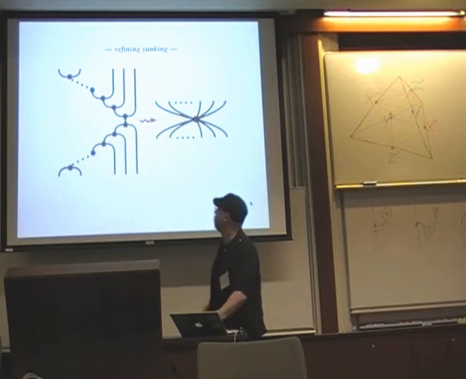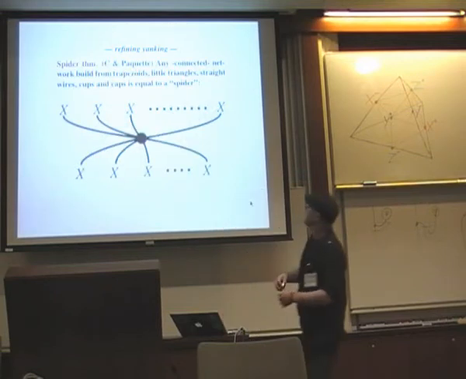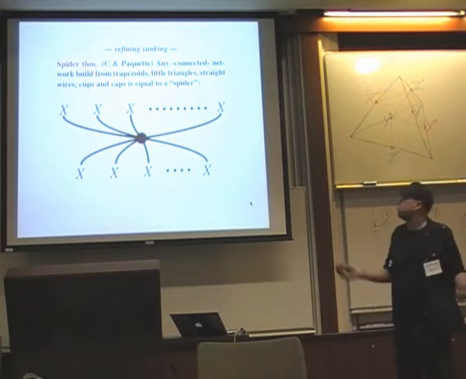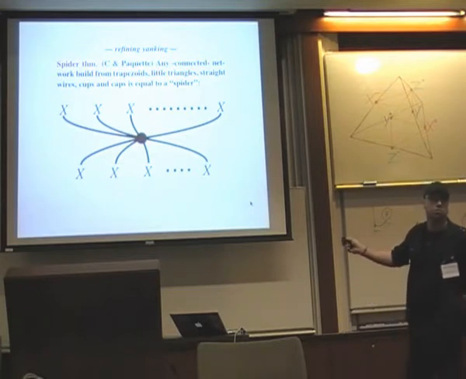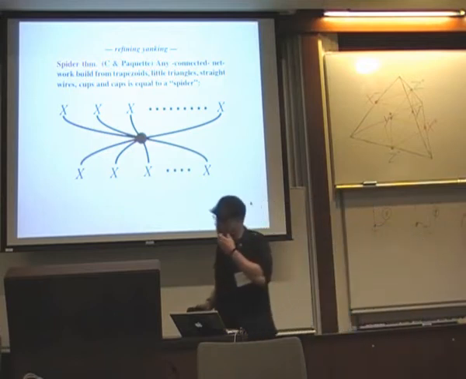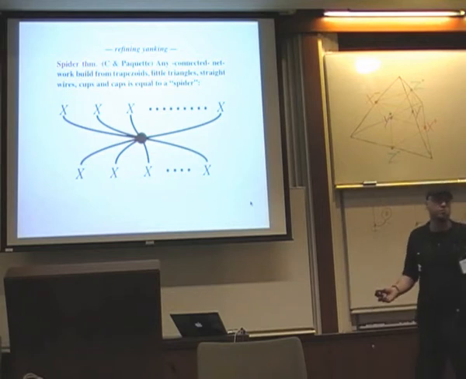Then if you introduce the following notational convention, that whenever you encounter something of this shape, you represent it by a spider, you can actually prove that any connected network from trapezoids, little triangles, straight wires, cups and caps is equal to a spider. An important thing here is connected, because otherwise you get just a bunch of disconnected spiders. And it's easy to show that this characterization is equivalent to the definition which I gave before.